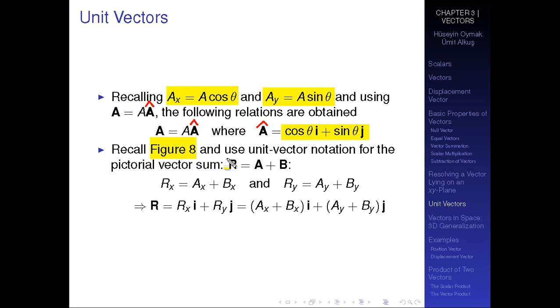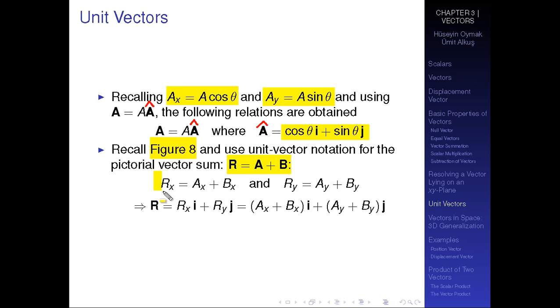Remember the figure where we had considered pictorially the vector sum in an xy plane, that is R equals A plus B in terms of the components of the individual vectors. Now we perform this addition with the help of unit vector notation.